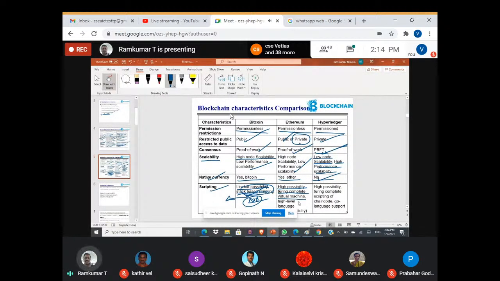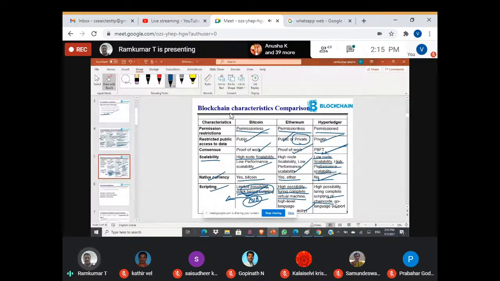And Hyperledger is also a Turing complete machine, so I can write the code. In Hyperledger, writing the program is called chain code.